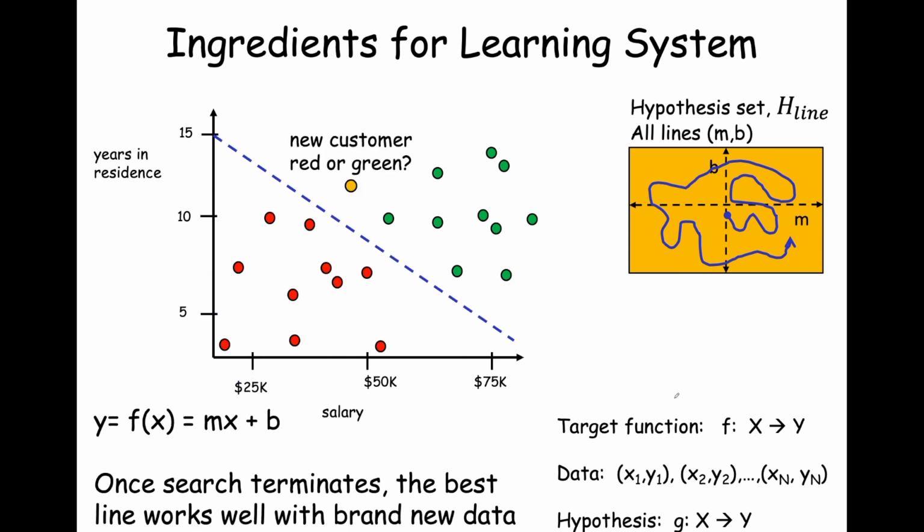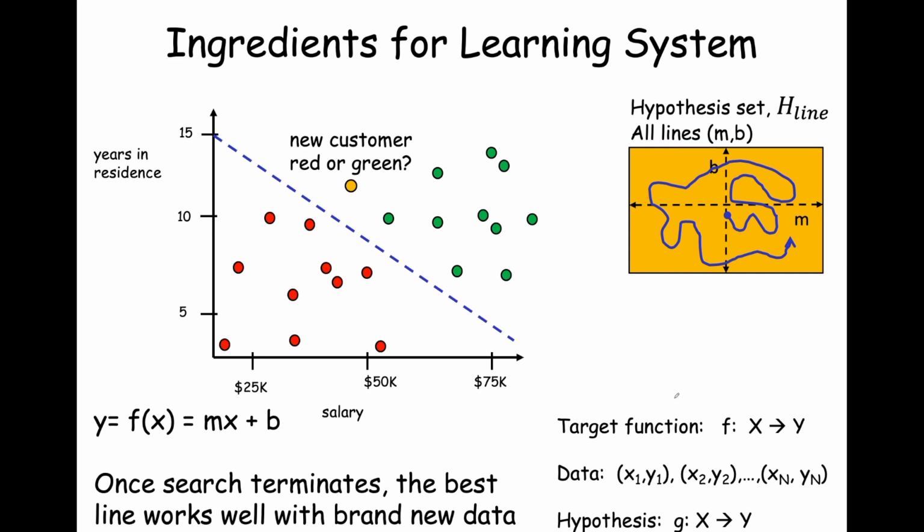Once our search terminates, we hope that the best line is going to work well with brand new data. If a new customer walks into the bank and fills out a credit application, we plot the vector for that new applicant, who is not among the historical data, and ask: is this new customer red or green? Should he or she be approved or denied?